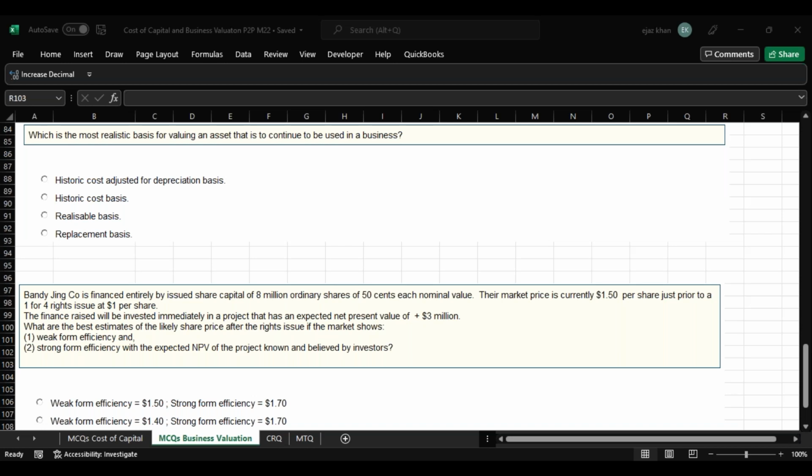So if this merger occurs later on, there will be no change. Theoretically speaking, there will be no change to the price, as the price would have already adjusted at the time this information was made public.